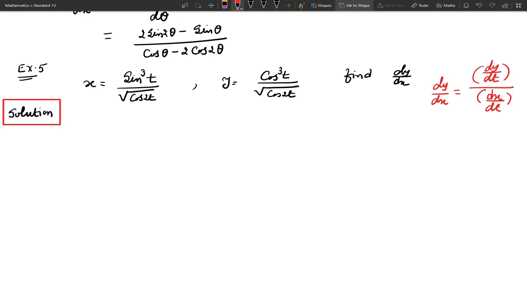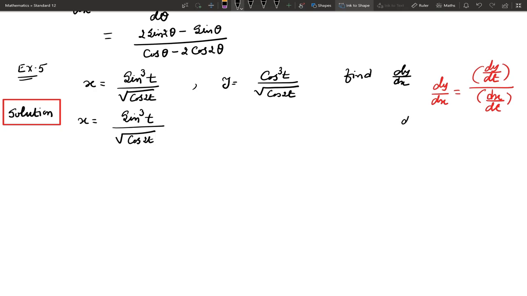Now x equal to sin cube t under root cos 2t.